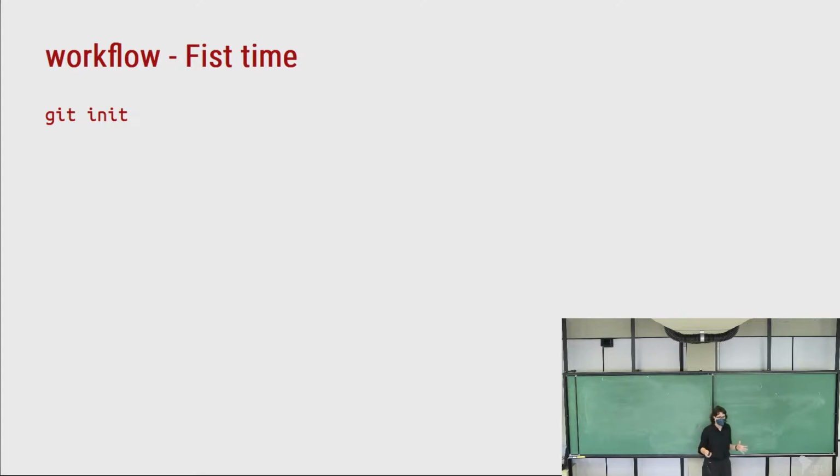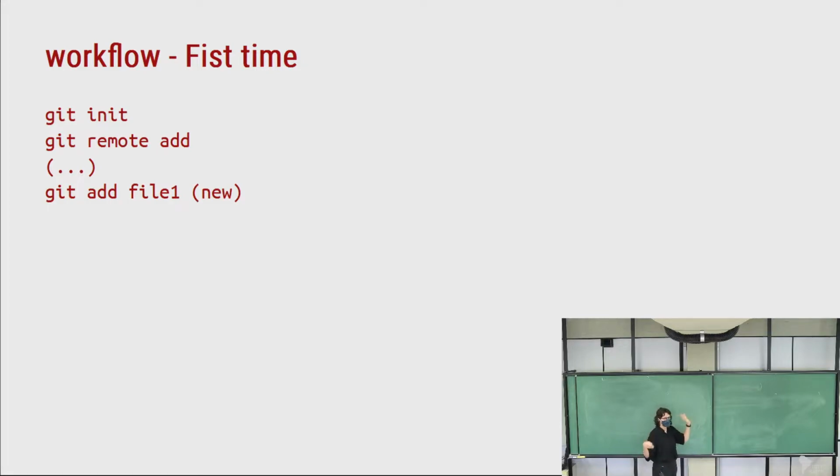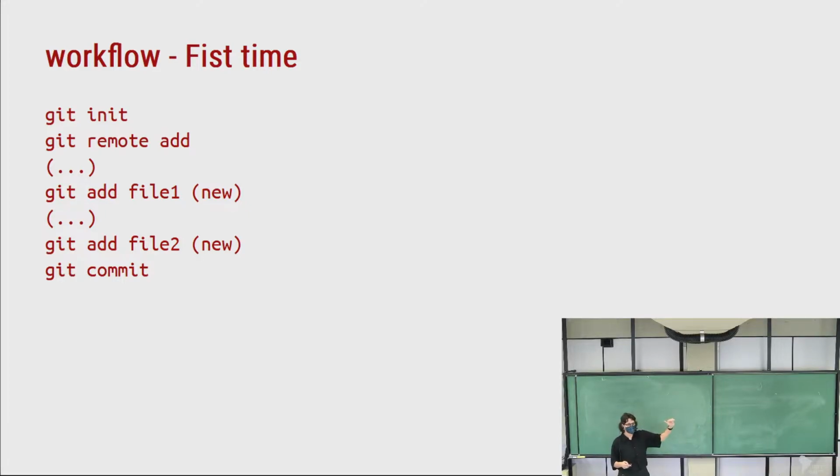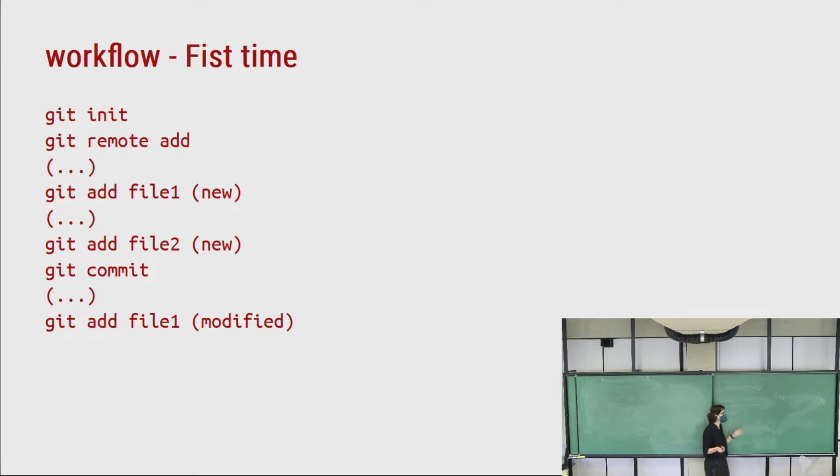So first time, as I said, we have to initialize a repository, so we'll do git init. We will only be doing that once. We add a file, things happen, we add one file, we add another file, and then we commit that. So I have 2 adds and 1 commit at the same time. I can do that any way that I want.